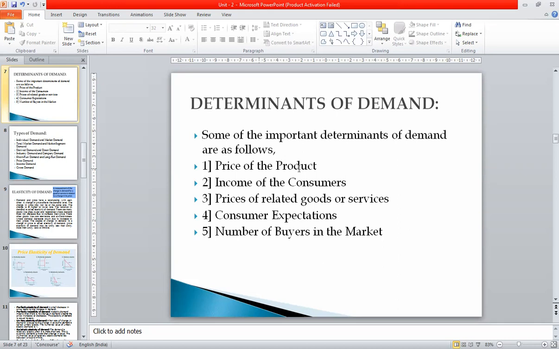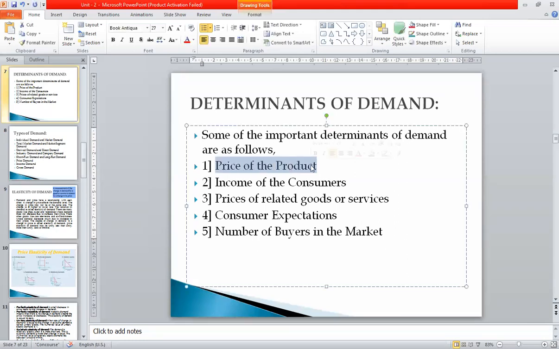First, the price of the product: what are the prices of laptops, whether the prices have decreased or increased, what is the standard price we need to afford a laptop. If people say 30,000, they check around 30,000. If a cell phone is 10,000, we check around 10,000. We say 10,000 or 30,000 based on the average price of the product.